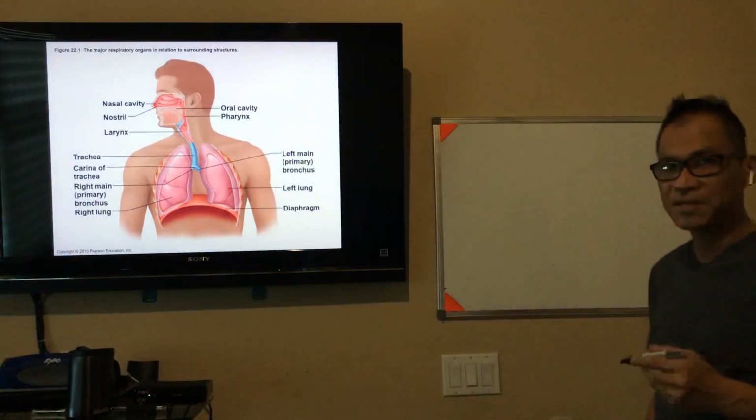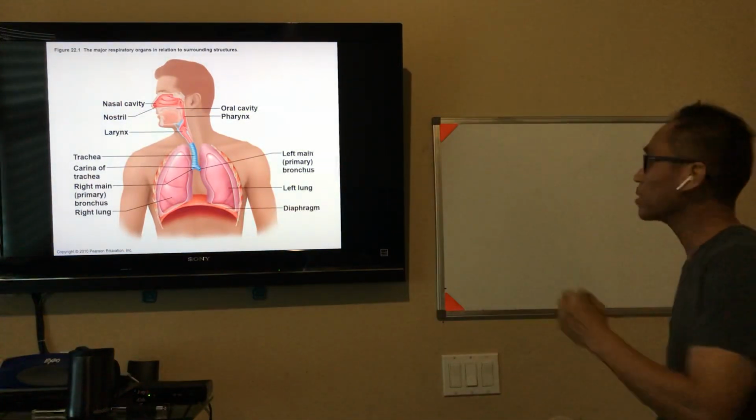The respiratory system's main function is gas exchange.